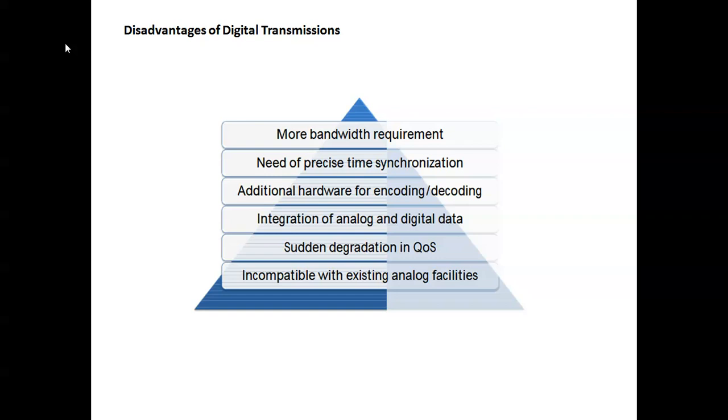That means you have to add extra components or hardware to the transmitter and receiver, so compatibility is affected. These are the disadvantages we face in digital communication.